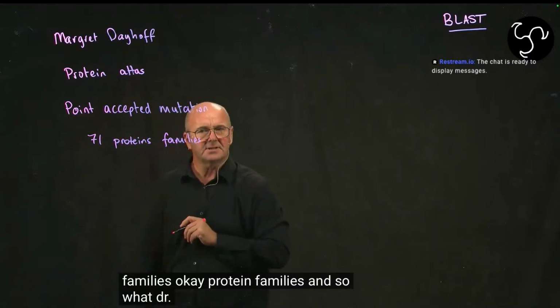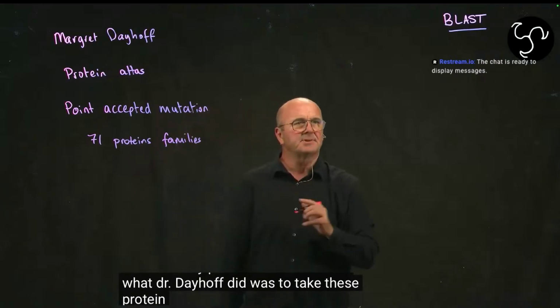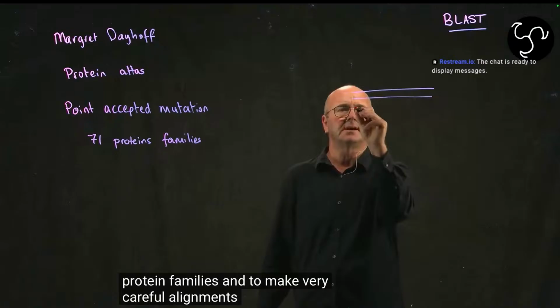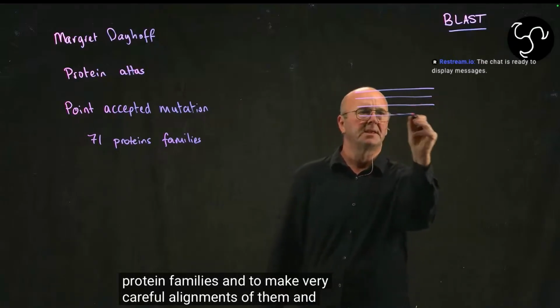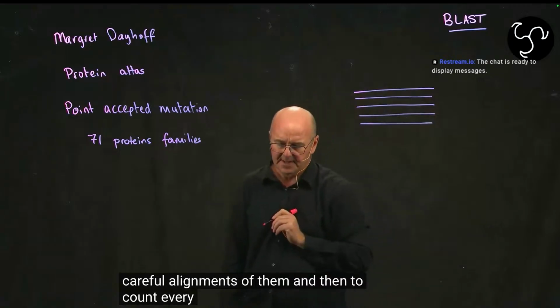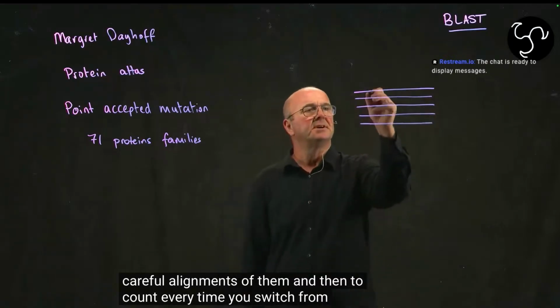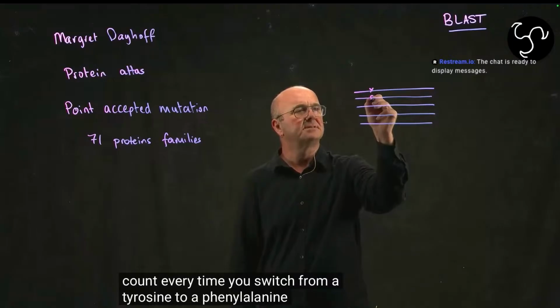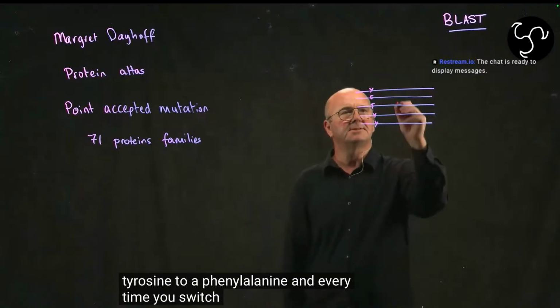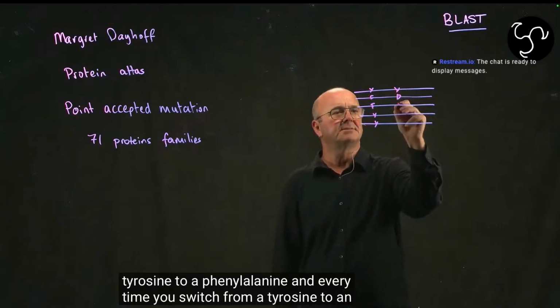And so what Dr. Dayhoff did was to take these protein families and to make very careful alignments of them, and then to count every time you switch from a tyrosine to a phenylalanine, and every time you switch from a tyrosine to an aspartic acid.